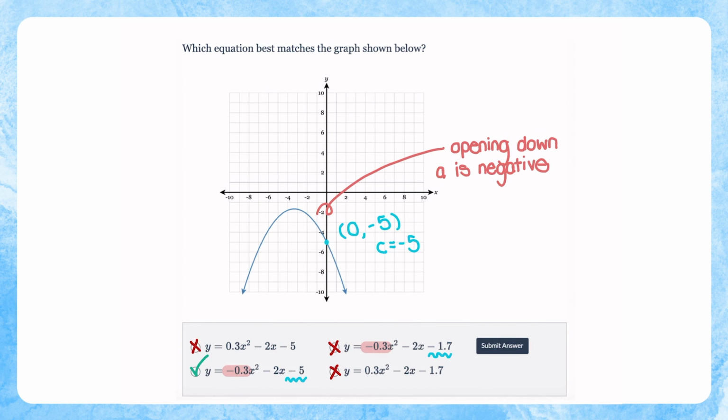This one is the correct answer because A is negative and C equals negative 5. Focus on the direction of the graph as well as the y-intercept to find the correct equation.